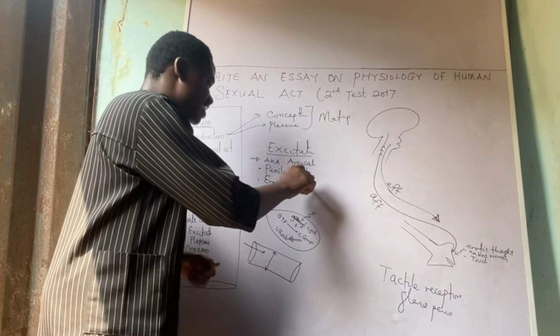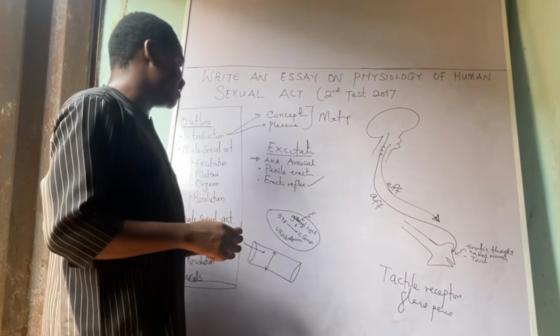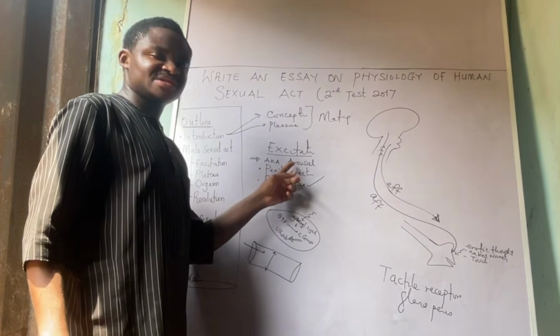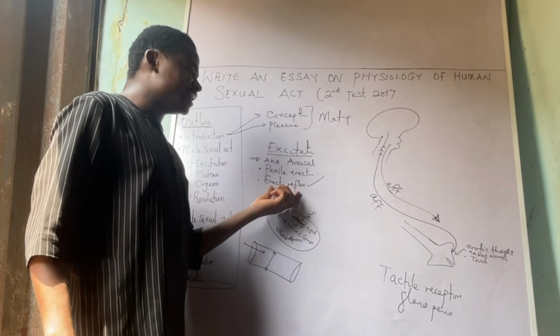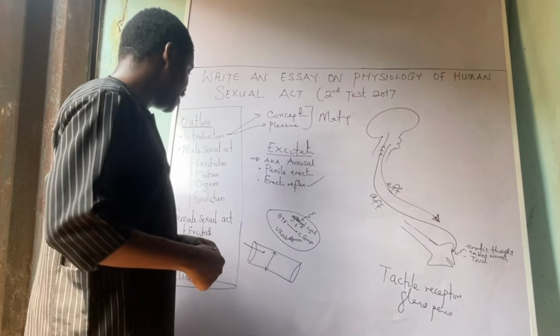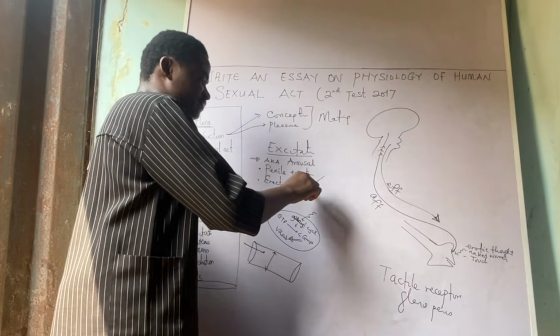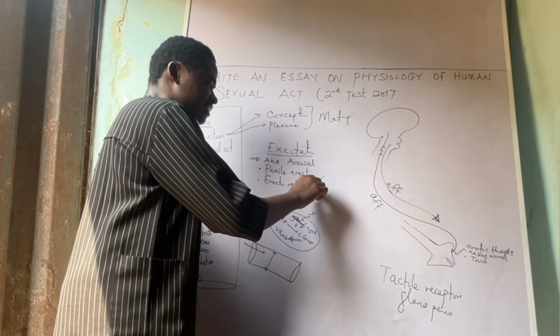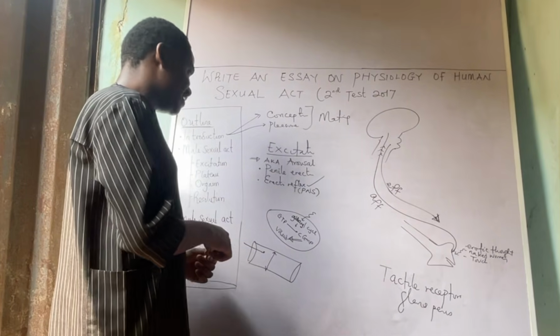Now, that is what you'll have written here. So, excitation in the males, also known as the arousal state, will eventually lead to penile erection, and then you explain the erection reflex. Now, this particular reflex, by the way, is under the influence of the parasympathetic nervous system. So, it's also good you add that.